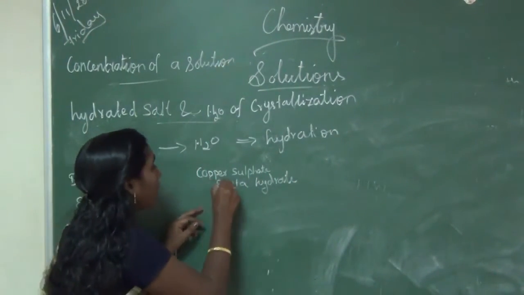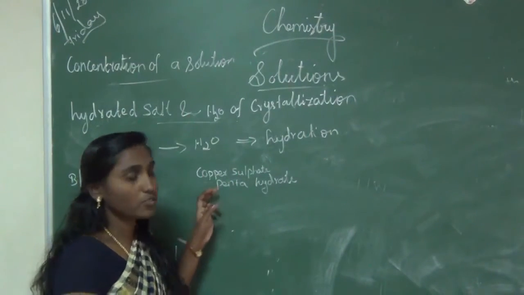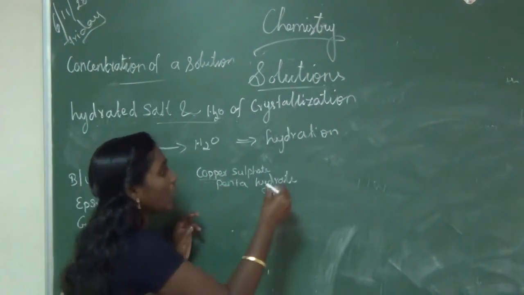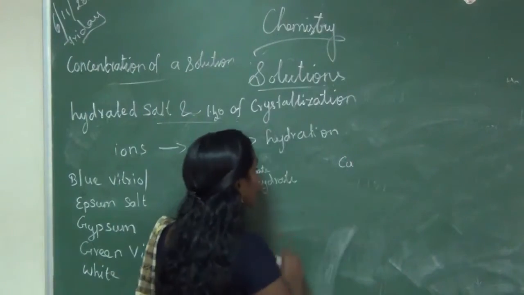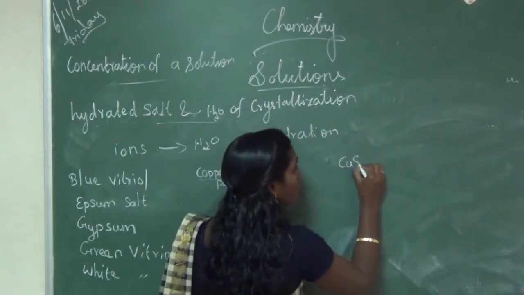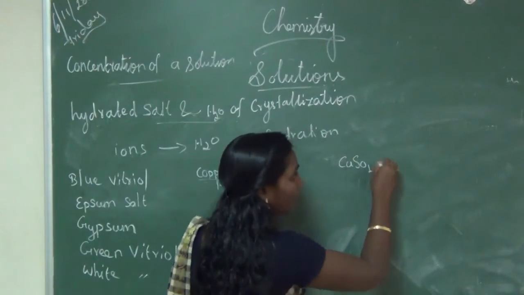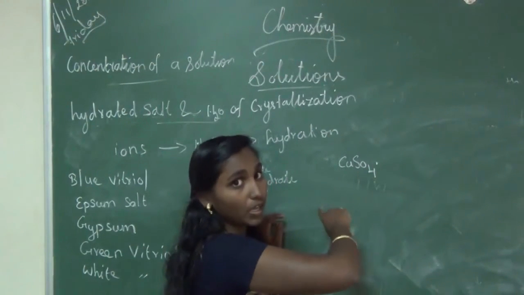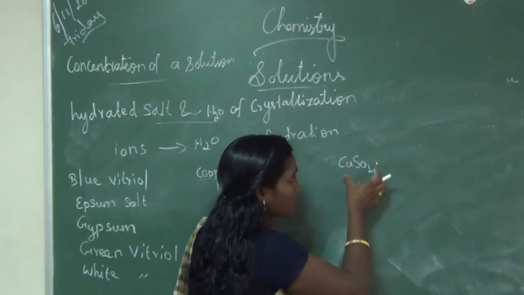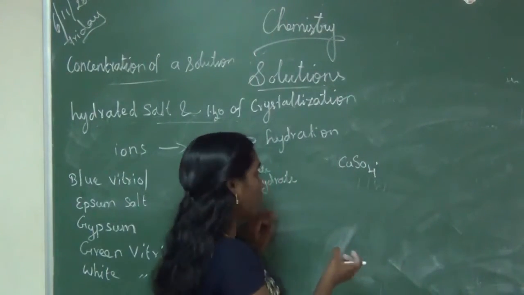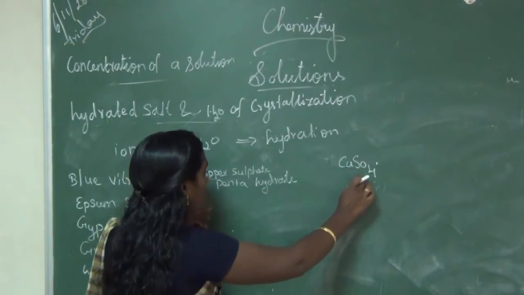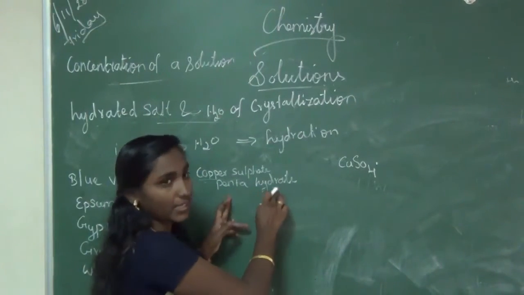Okay, so copper sulfate. What is the copper sulfate formula? What is the copper formula? Cu, right? So Cu, sulfate SO4. Then you should put a dot, because one salt and water are mixed together. So CuSO4, then pentahydrate.